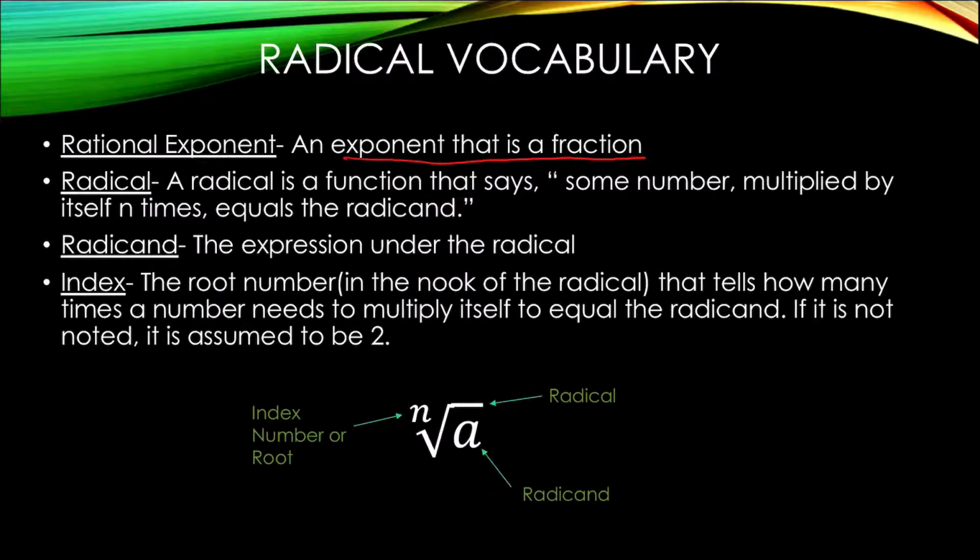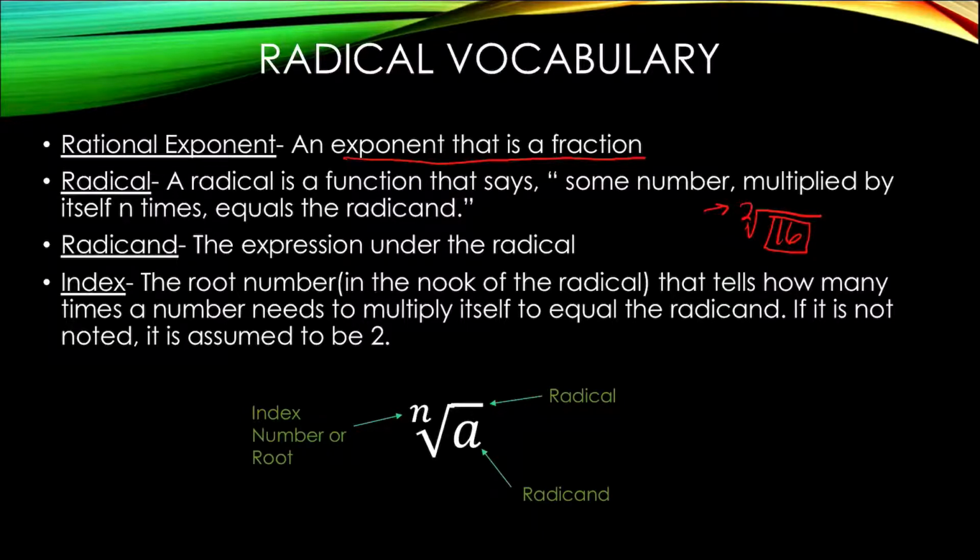So if I have something like the square root of 16, that means I have some number multiplied by itself 2 times that will equal this number underneath the radical. And we know that's 4 multiplied by 4.